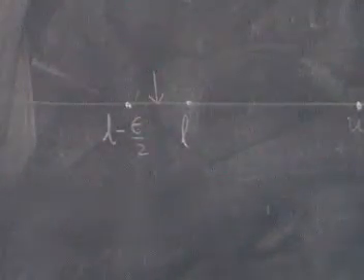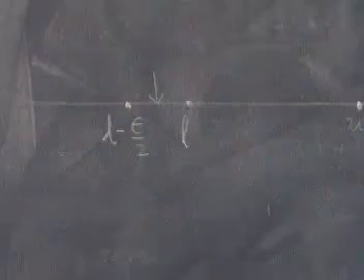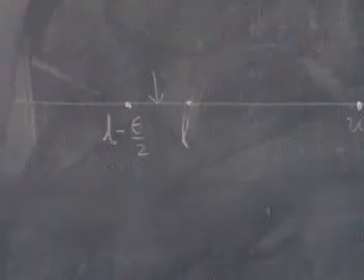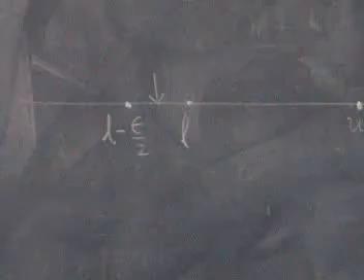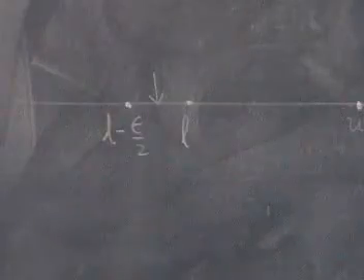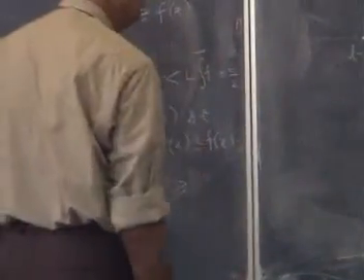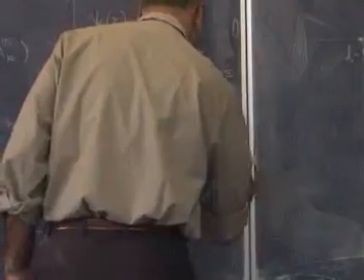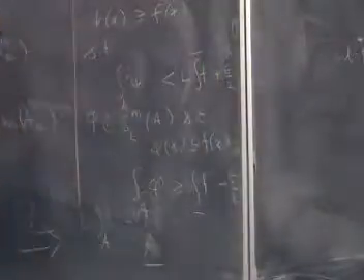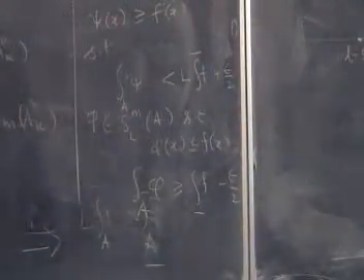There exists a phi belonging to the simple measurable functions on A such that phi x is less than or equal to f x and the integral of phi is greater than or equal to the lower integral minus epsilon by 2. Right. Okay?